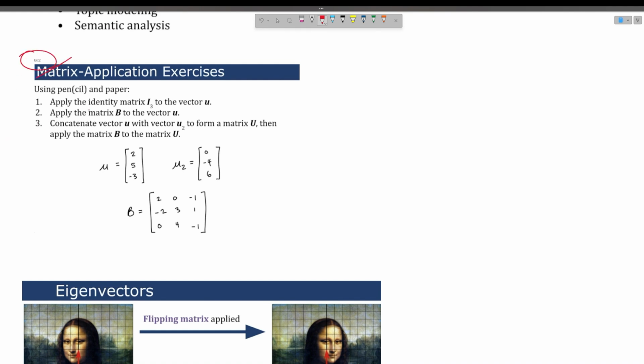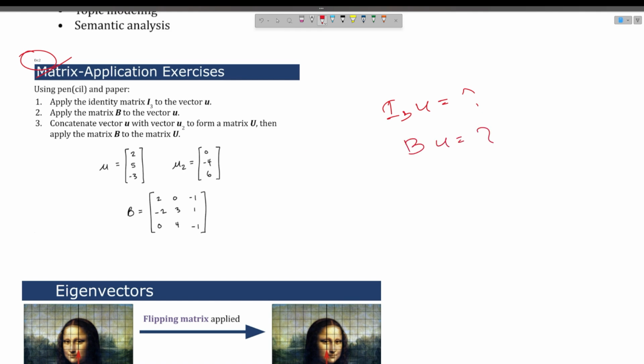Apply the identity matrix I3 to the vector U. This is U. Applying the identity means multiply, so I'm asking for I3 U. Then apply the matrix B to the vector U, so I'm asking for BU.